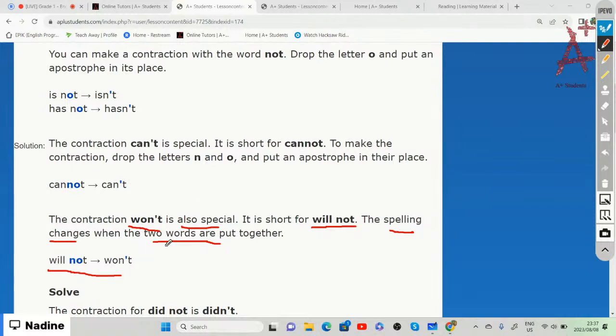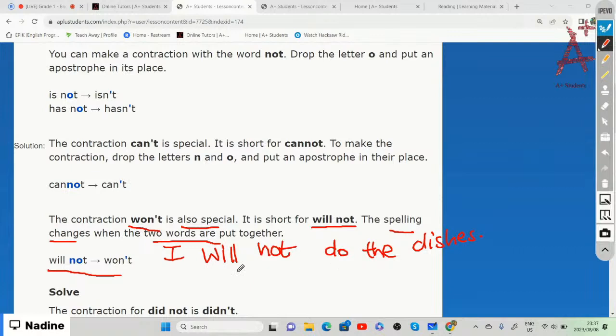So, I will not, for example, do the dishes. So I will not, let's say, do the dishes, right?